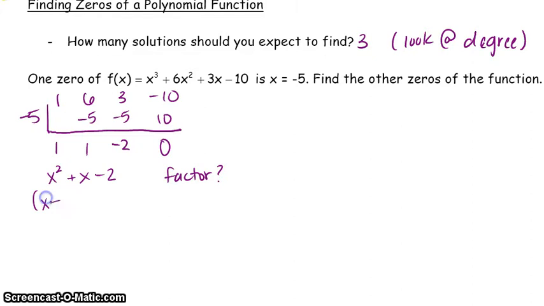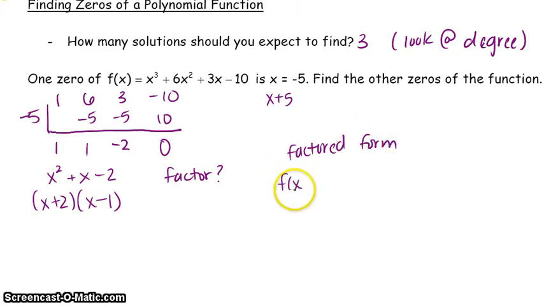And that gives us x plus 2 and x minus 1. Okay, so if we look at all of our factors that we have so far, we have these two, and then we have this factor up here of x plus 5. Okay, so let's look at our factored form.